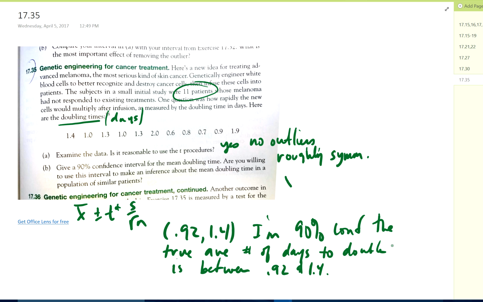To double what? To double your cells, the new cells. So I'm 90% confident the true average number of days to double the new cells is between 0.92 and 1.4 days.